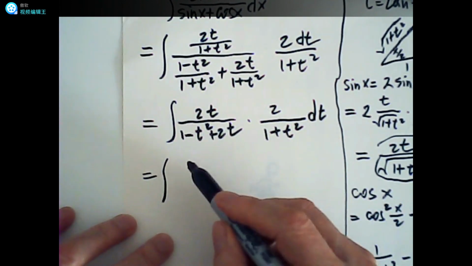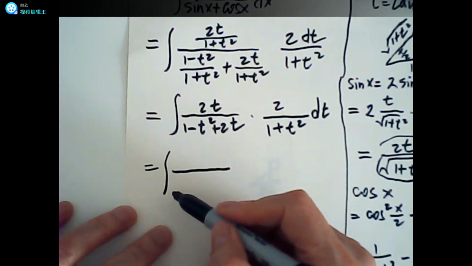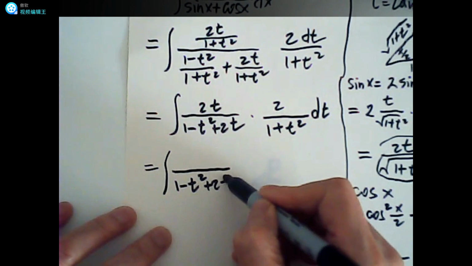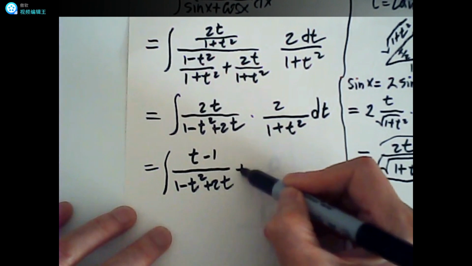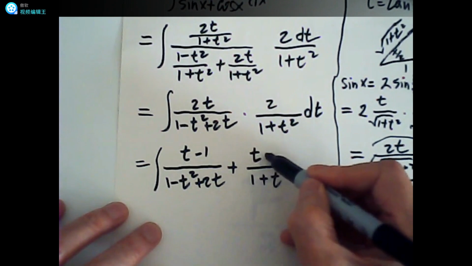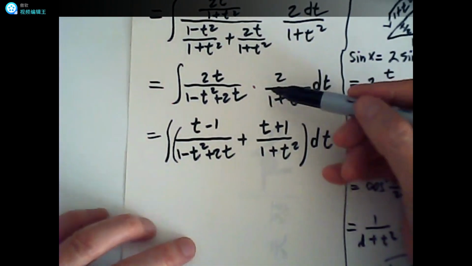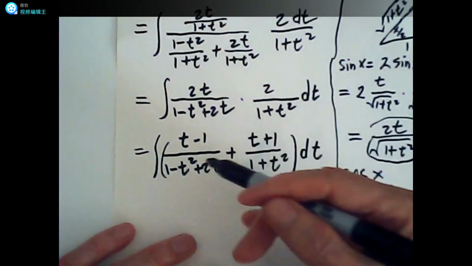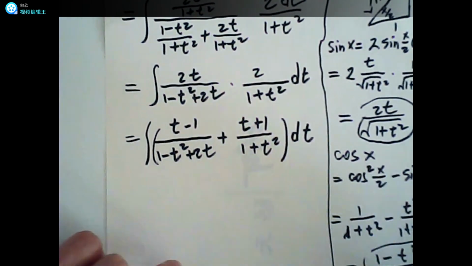This one is equal to 1 plus t squared, plus 2t over t minus 1, plus 1 over 1 plus t squared, t plus 1, and dt. From here to here, I think you can fill in the details by yourself, partial fractions. Then we can integrate each of them.